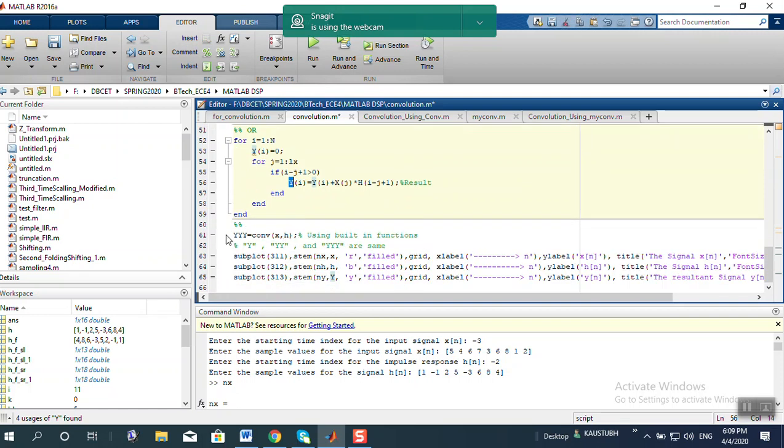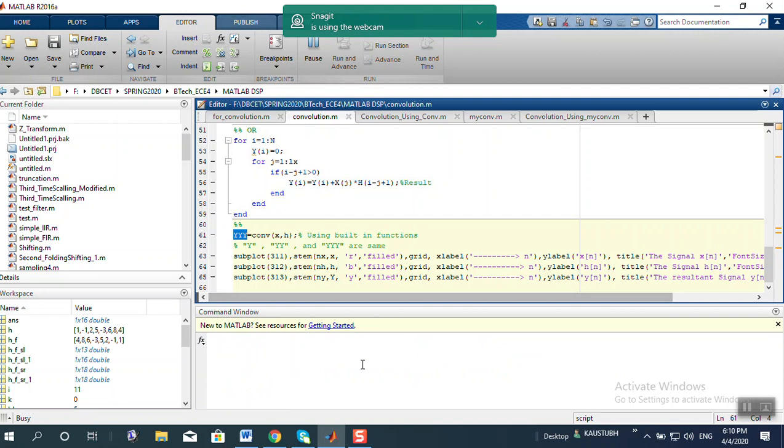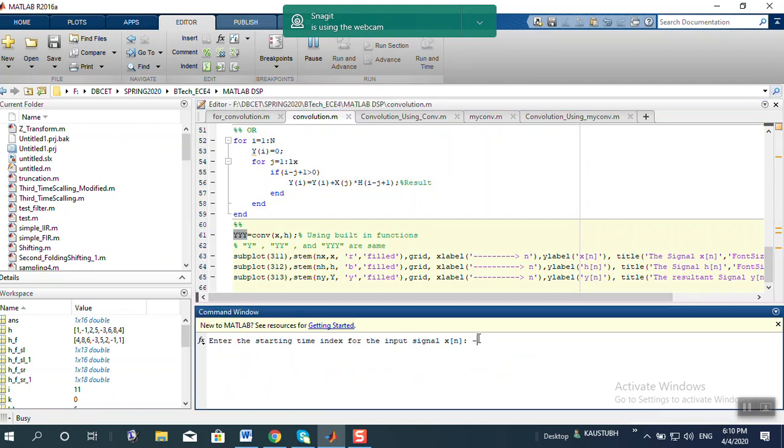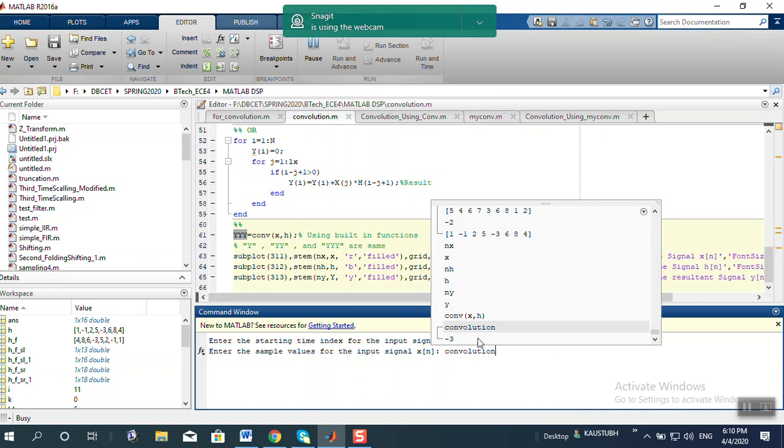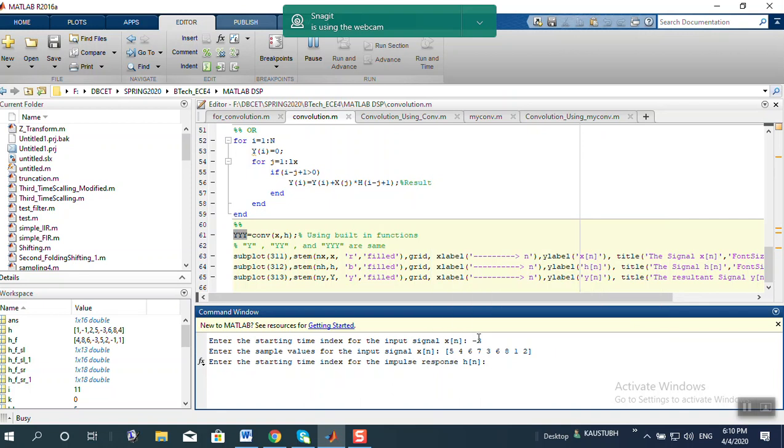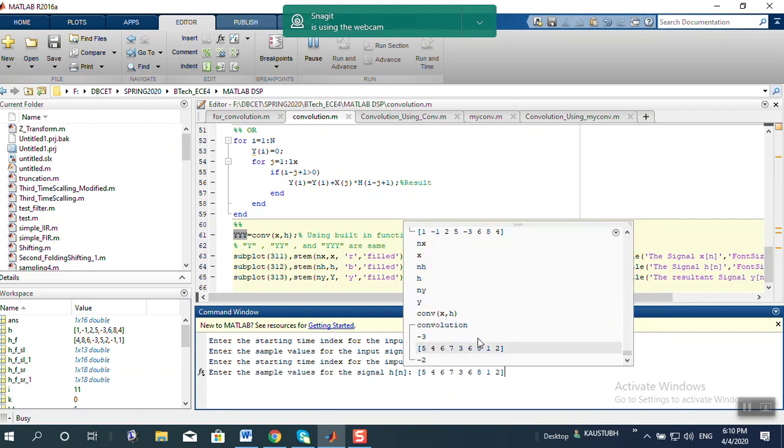And here also again I am calculating this using built-in functions. So let us run it. I'll use the same example again, minus 3, then minus 2.